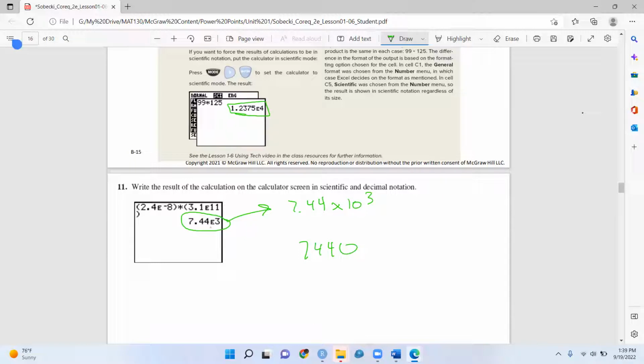So just be aware of that. That might show up somewhere. Excel will do this. It'll write E to a power as scientific notation. So it's another common way to write scientific notation with technology.